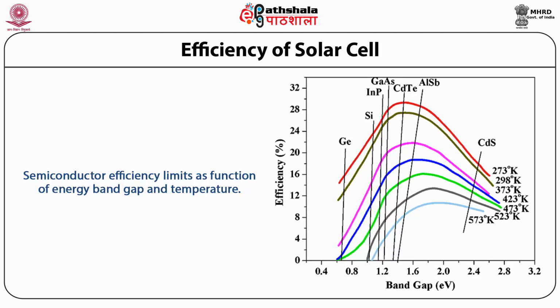The band gap for silicon is 1.1 electron volt, which is lower than the optimum band gap value, and the band gap for gallium arsenide is near the optimum value, that is 1.4 electron volt. Still, the silicon cell efficiency is quite high.